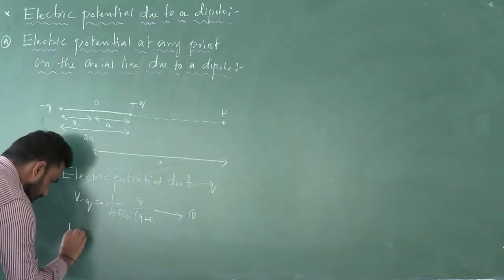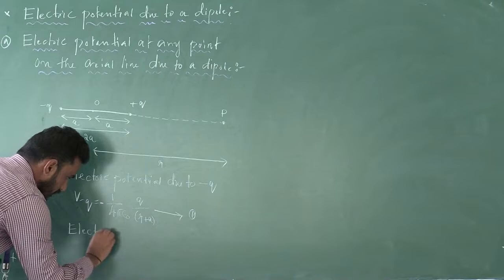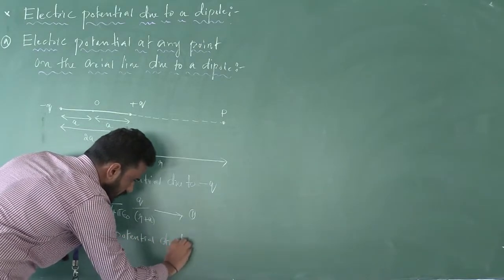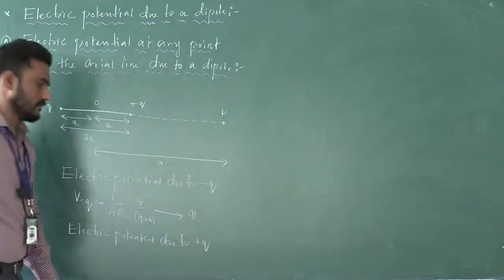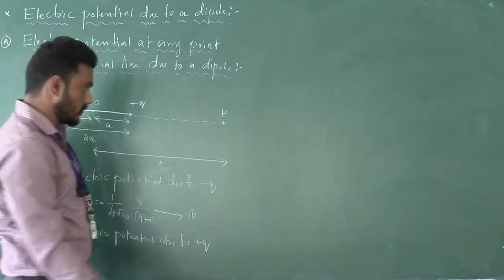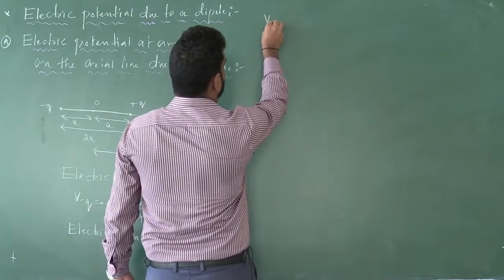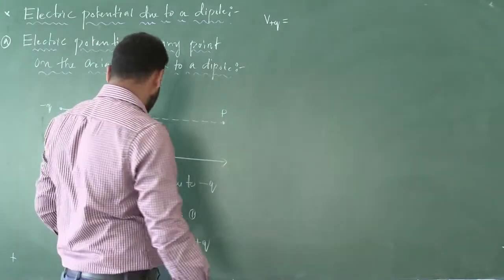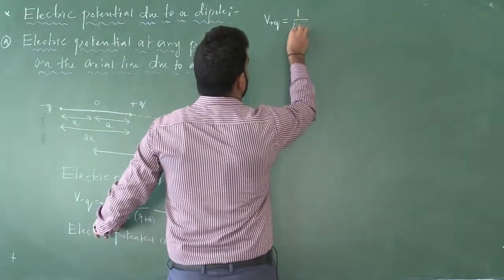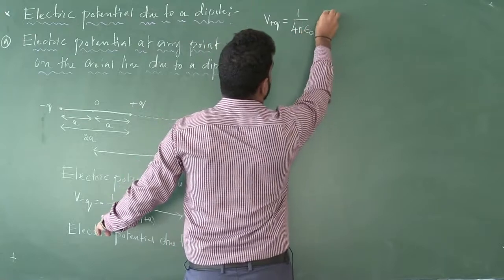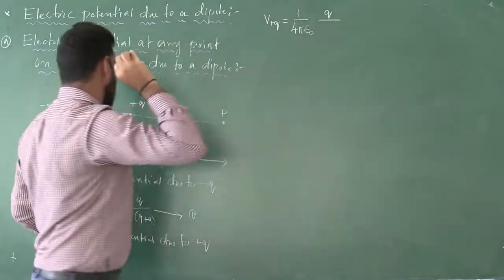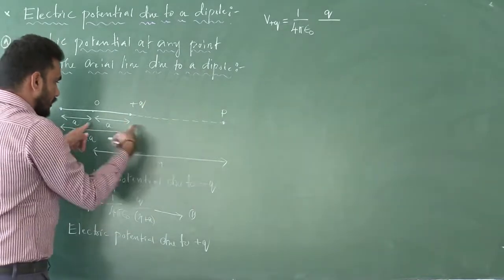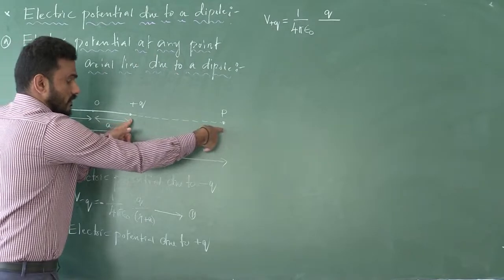Similarly, the electric potential due to plus Q, we shall give the name V plus Q. Due to the positive charge, positive sign, 1 over 4 pi epsilon naught Q divided by the distance between the positive charge and the point P. It is r minus a, because from here to here we require the distance.